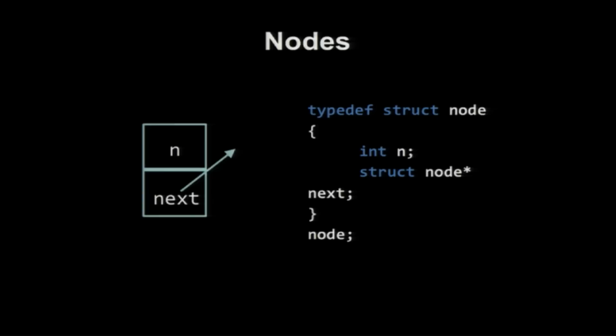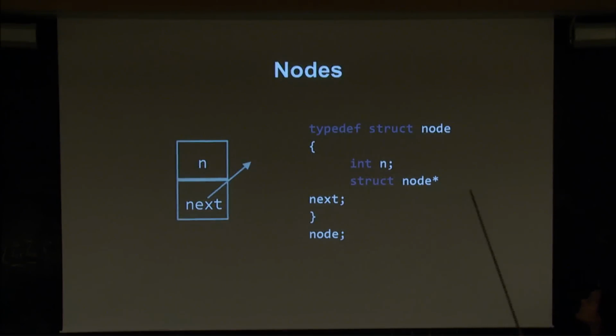And then what's the second part here? Anyone? Yeah, it's a pointer to the next node. So this should actually be up here. This is a pointer of type node to the next thing. And that's what encompasses our node.